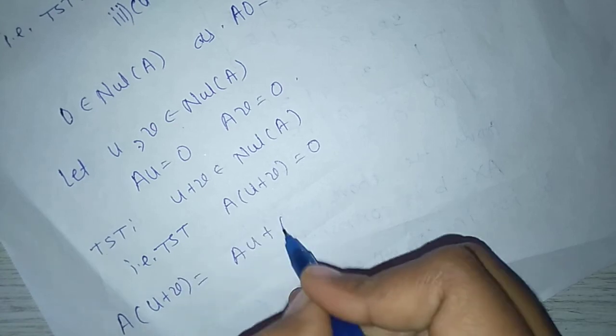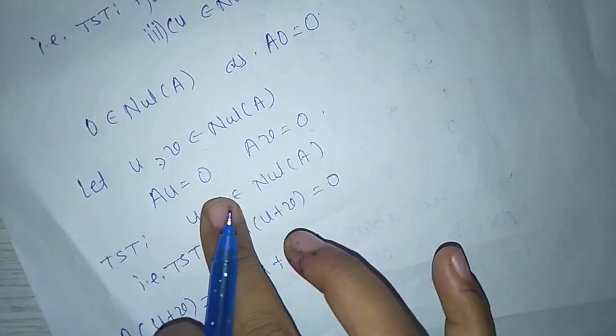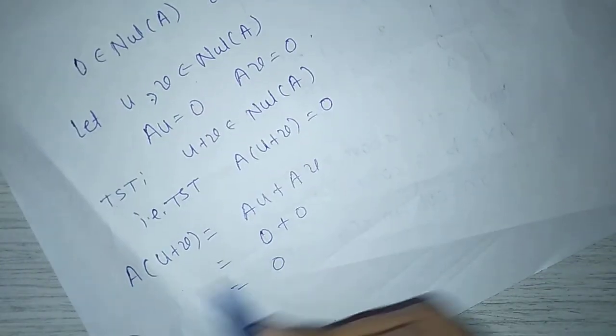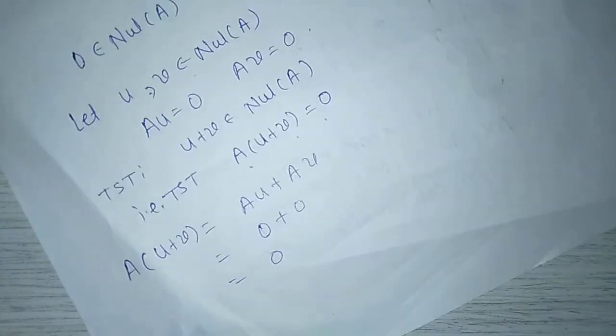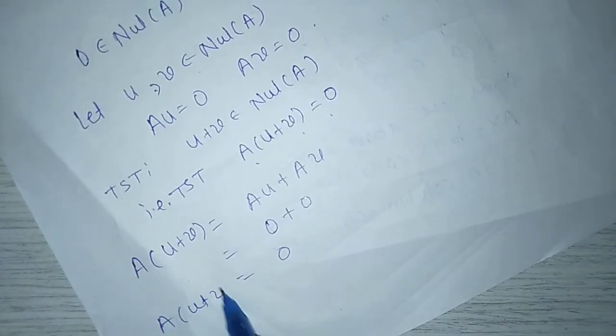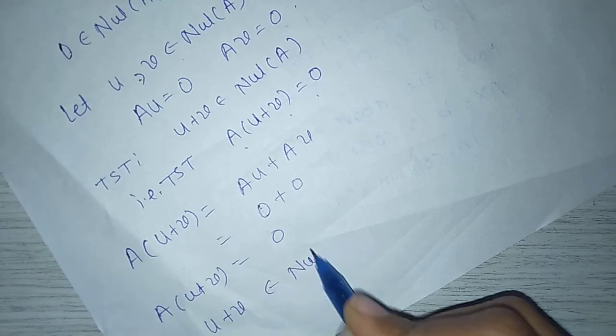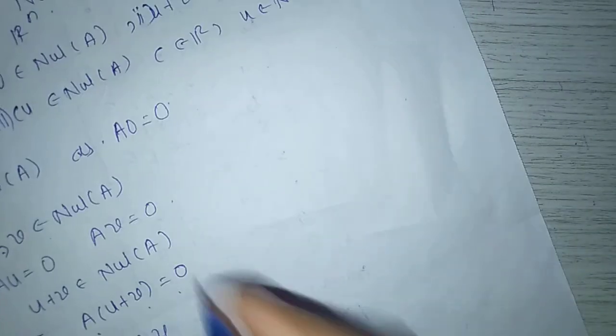So, consider the left hand side: A(u plus v) equal to A u plus A v. But A u equal to 0, A v equal to 0, and 0 plus 0 equal to 0. That means A(u plus v) equal to 0, which implies u plus v belongs to the null space of A.